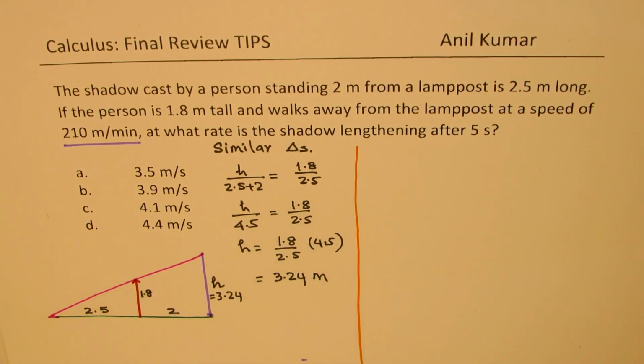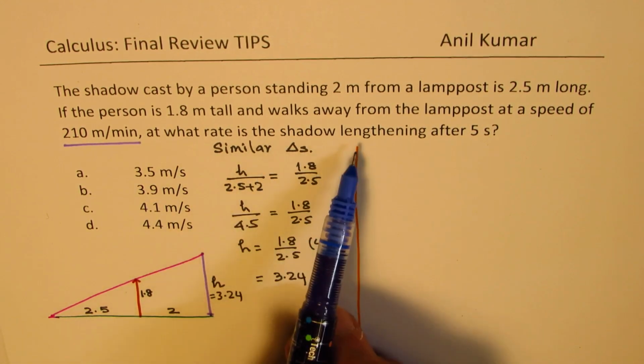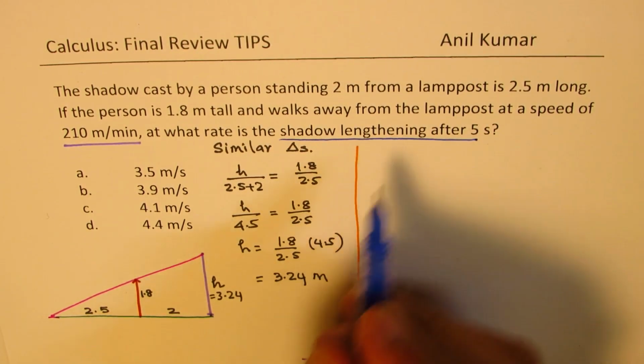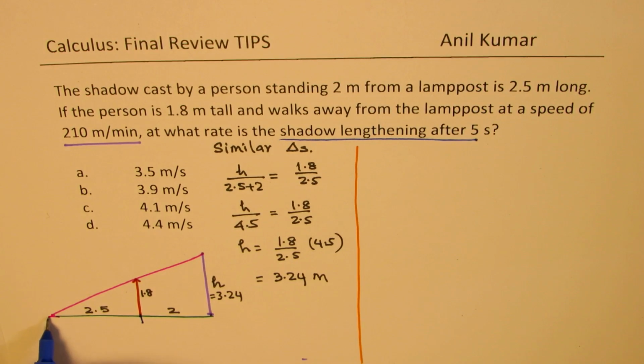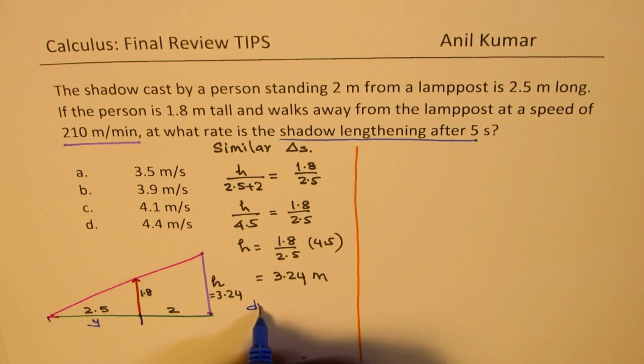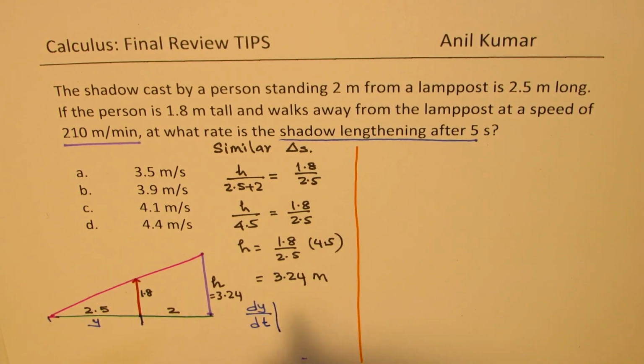Well, let's define some variables now. So we want to find the rate at which the shadow length is changing, right? So this portion is the shadow length, right? Let's call this as y. If that is the shadow length, we want to find what is the rate of change of this shadow length with time, especially when time is 5.